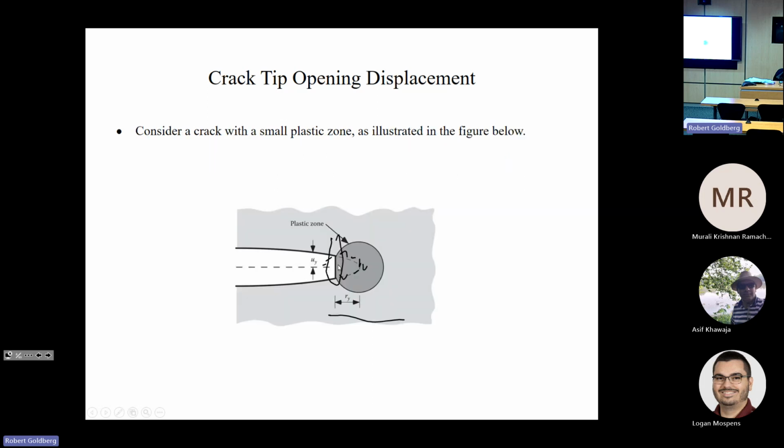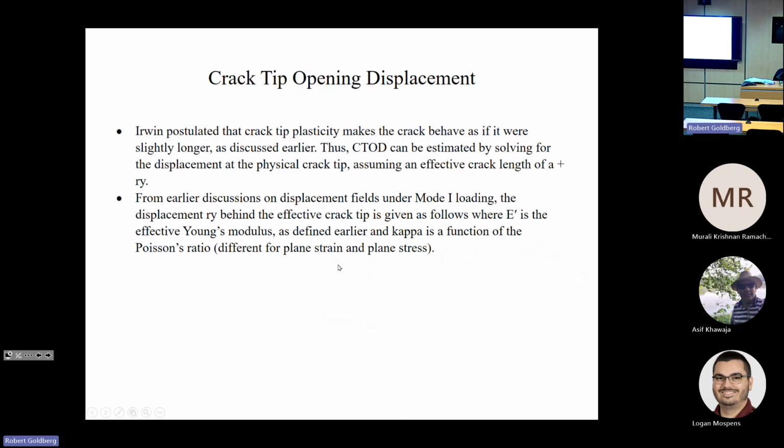As we'll talk about in a minute, our crack tip opening displacement is twice this U sub y. But from one of our tables, we could say that U sub y is equal to kappa plus 1 over 2 mu, where kappa is related to Poisson's ratio and mu is the shear modulus, times the mode 1 stress intensity factor times the square root of the radius of the plastic zone divided by 2 pi.